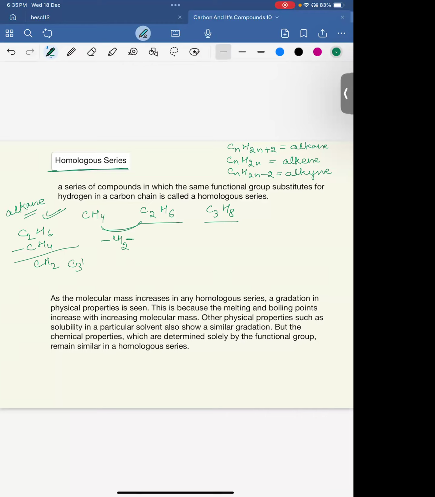Now from C3H8, if we subtract C2H6, we again get CH2. So in this series of compounds, the same group substitutes. CH2 is the unit we are adding in a carbon chain. We are adding CH2 and CH2 each time. So this becomes a homologous series.